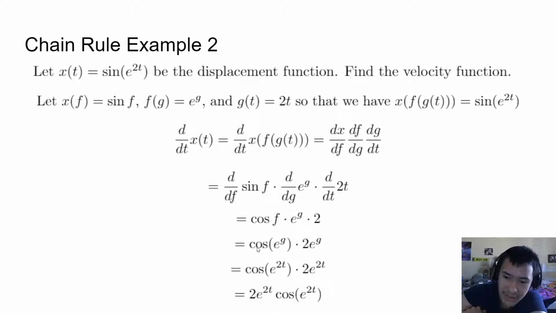Then we're going to plug in f for the first step, and f is just e to the g, so we have cosine e to the g times 2e to the g. Then we're going to plug in all of the g's with functions of t, so we have cosine e to the power of 2t times 2e to the power of 2t, or just making it look a little cleaner, 2e to the 2t cos e to the 2t.